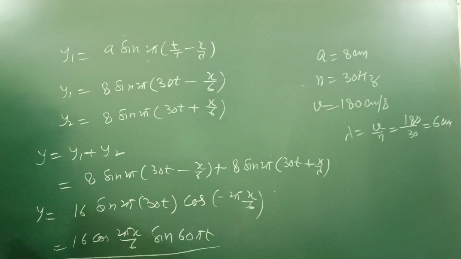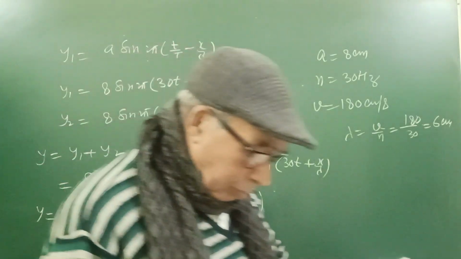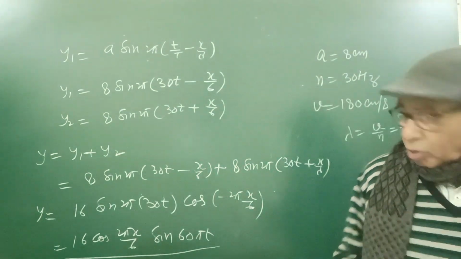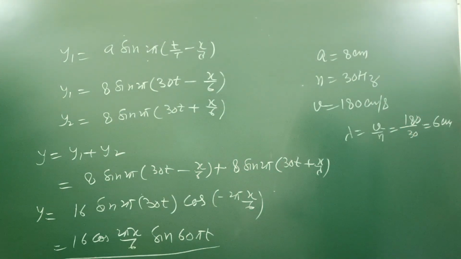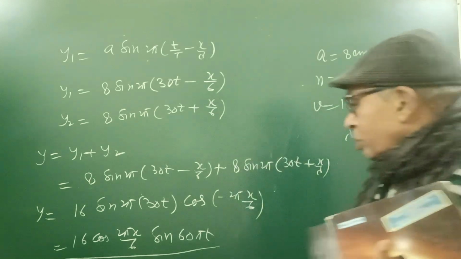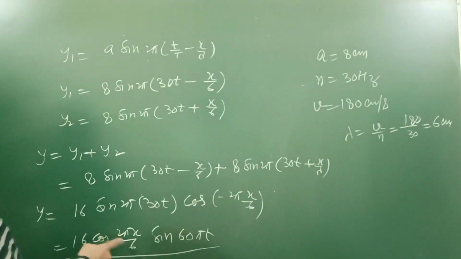This is the equation of the standing wave here, taking boundaries as free. So you can write it like this, or you can cancel the 2.